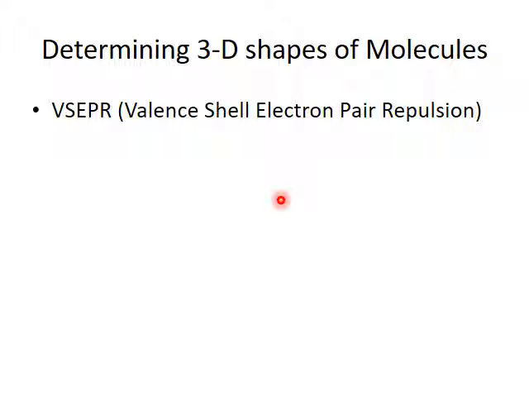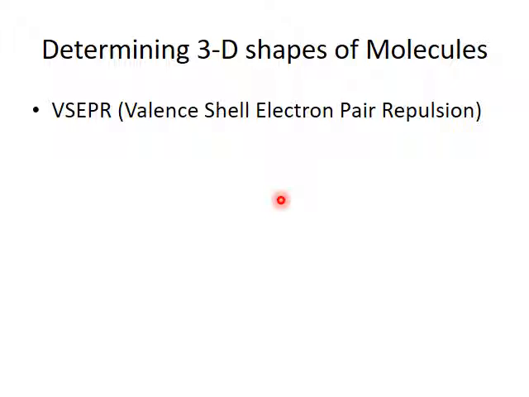Now, to figure out the 3-dimensional shapes of molecules, we use a theory called valence shell electron pair repulsion. In my classes, I like to demonstrate this using models, and I will sort of pretend to be a molecule myself, but it's kind of hard to show you here.